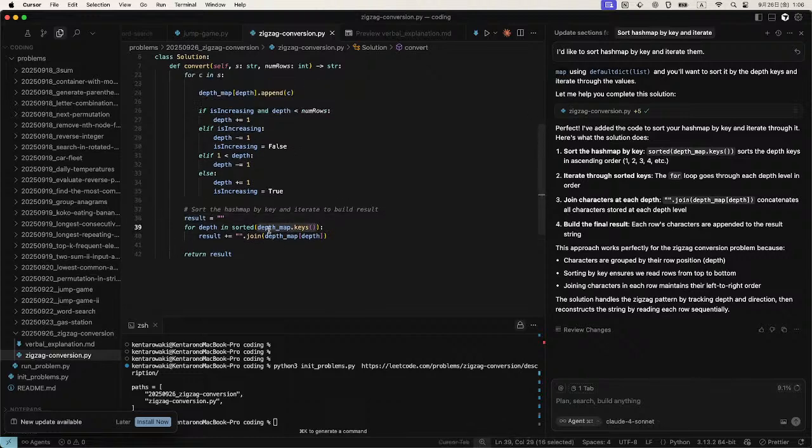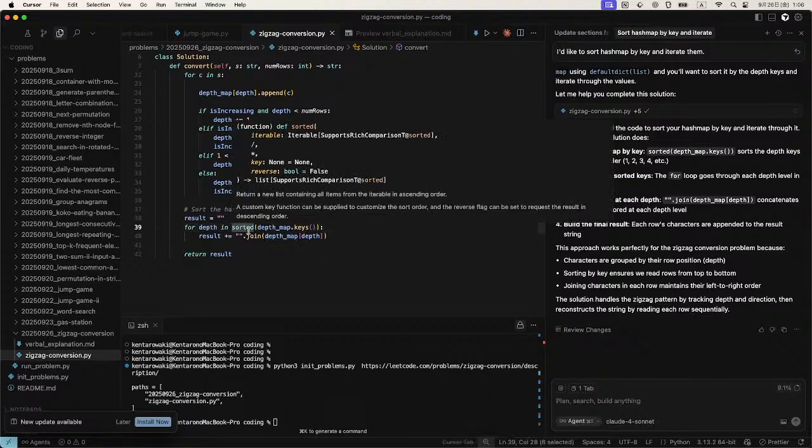So with this method we can take only the keys and we use the sorted function. This returns a new list.